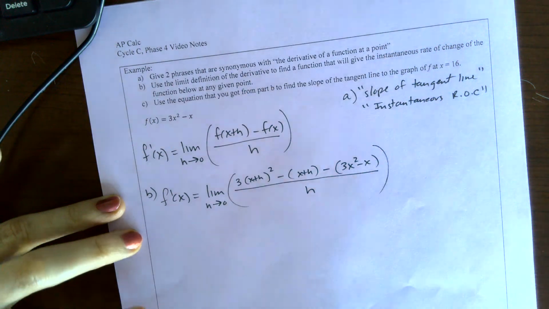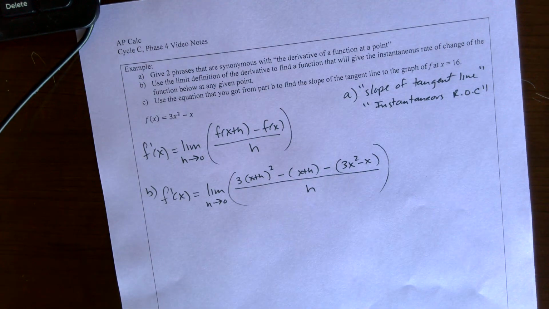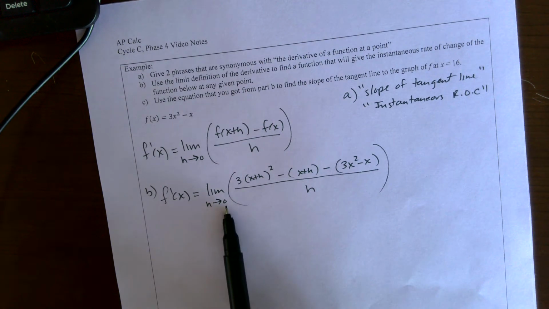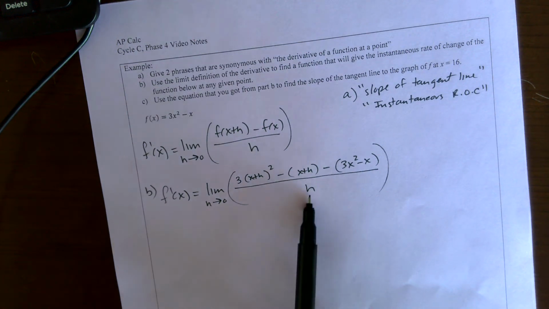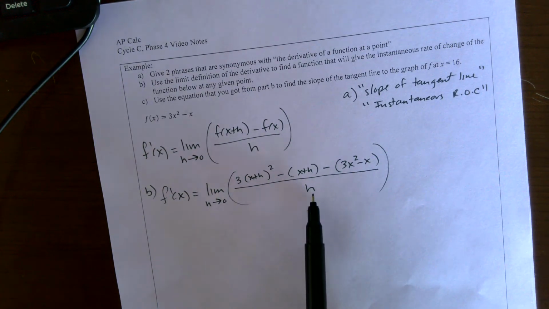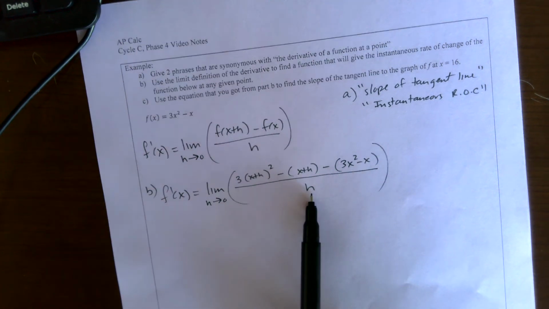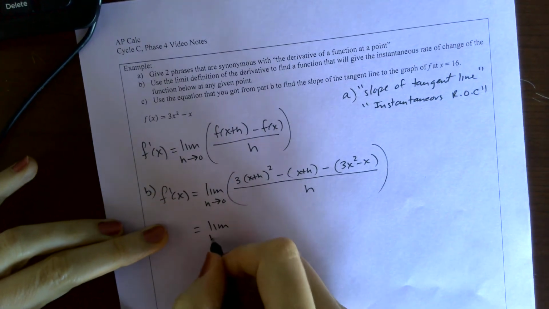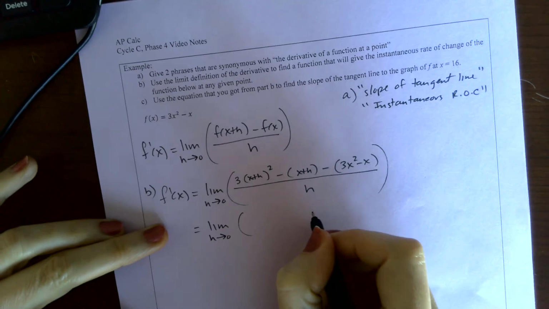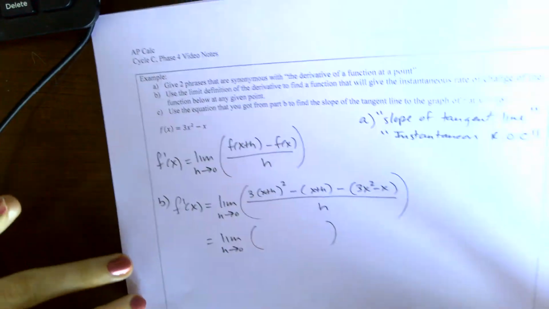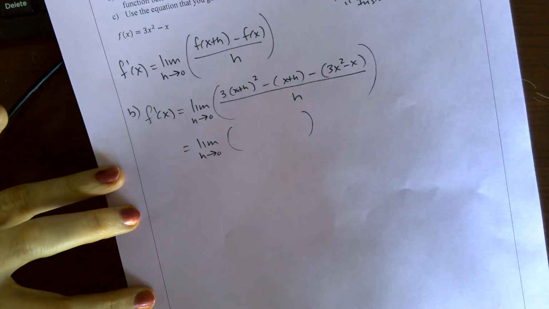all over h. And you know that whenever we do a limit, we try to direct substitute first. Well, it's h that's getting closer and closer to 0, but if I plug 0 in for h, there's 3 h's, and if I plug it into the bottom one, I get 0 in the denominator. So this is where you go equals the limit, and then you just leave a blank, and then you do an aside.